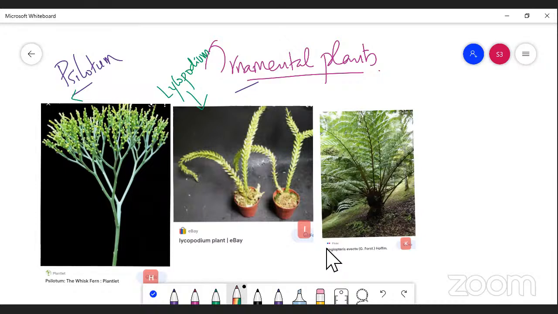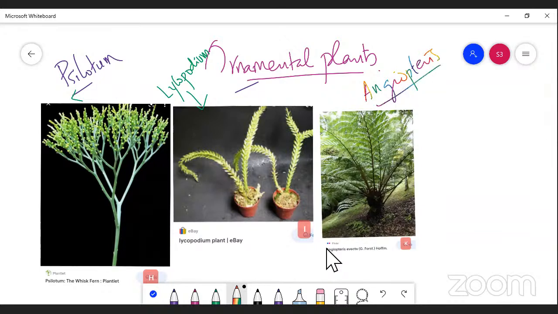Here I can say Angiopteris, right? This is an Angiopteris, one of the ornamentals, right?